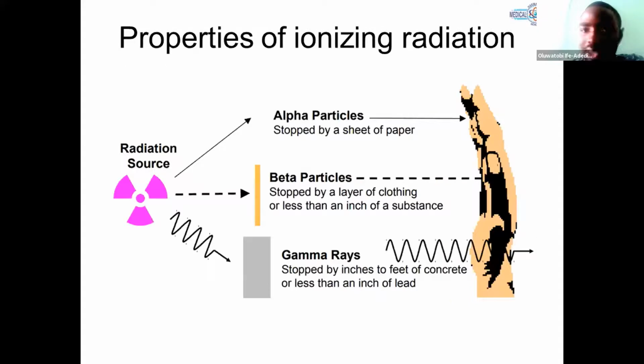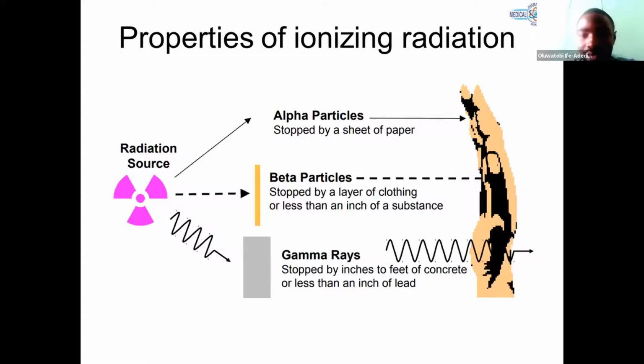So what are the properties of this ionizing radiation? Mostly the properties can be grouped into, generally, their penetration and ionization tendencies. Don't forget, we have said ionizing radiations have sufficient energy to produce ions. So generally, alpha particles have the lowest penetrating powers.